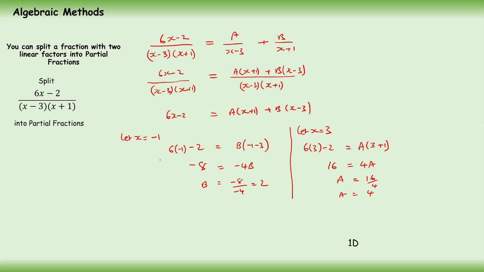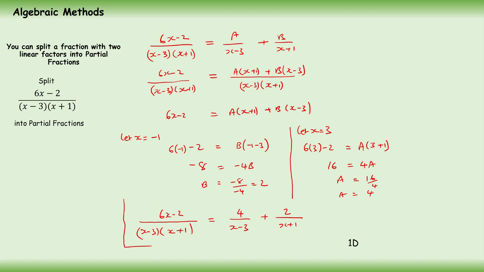And then to finish, I need to write this original term, but now I can substitute for A and B. So I've got (6x minus 2) over (x minus 3)(x plus 1) is equal to, A is 4, so 4 all over x minus 3, B is 2, so plus 2 over x plus 1.